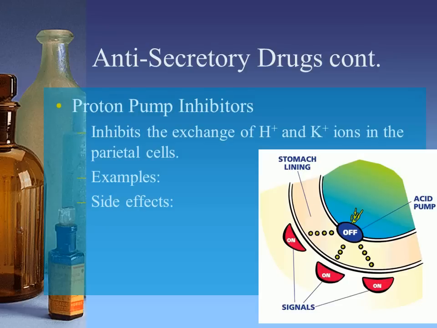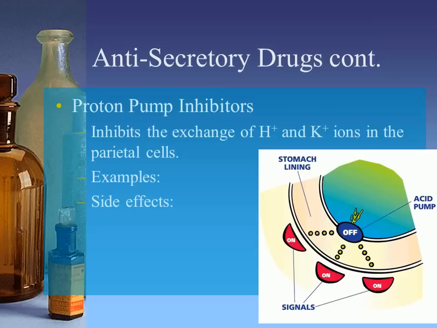What happens is they go in and there's an acid pump that occurs in the cell membranes that actually pumps hydrogen acid out, therefore increasing the acidity in the stomach. So it's pumping it out against the normal gradient.